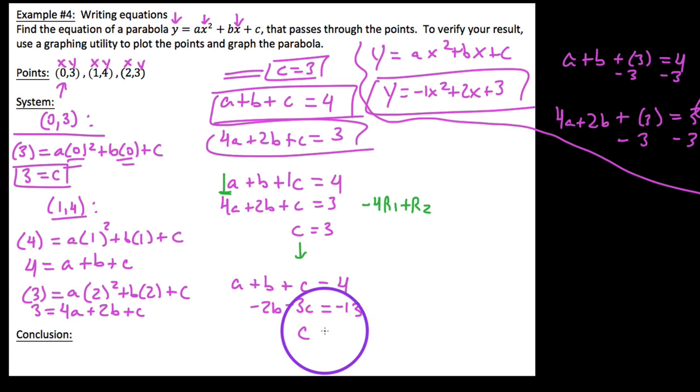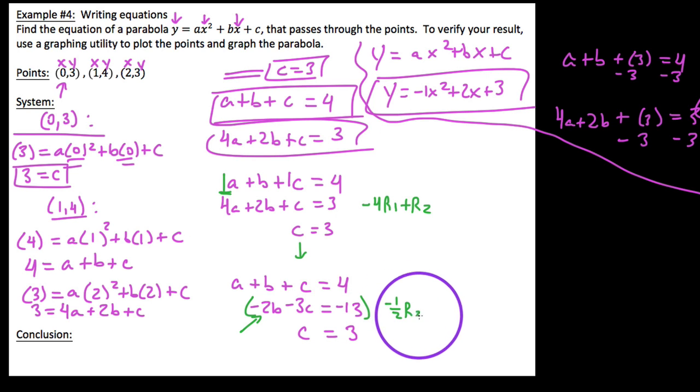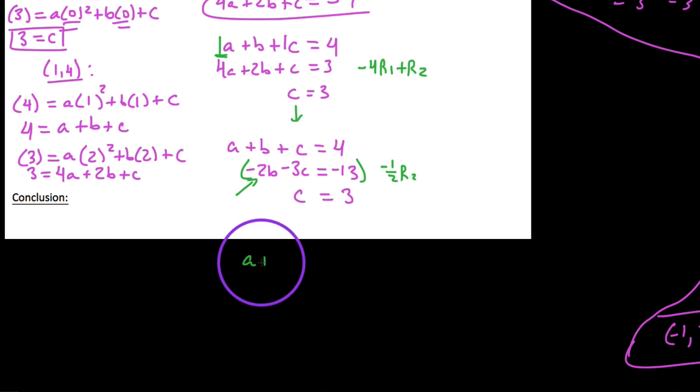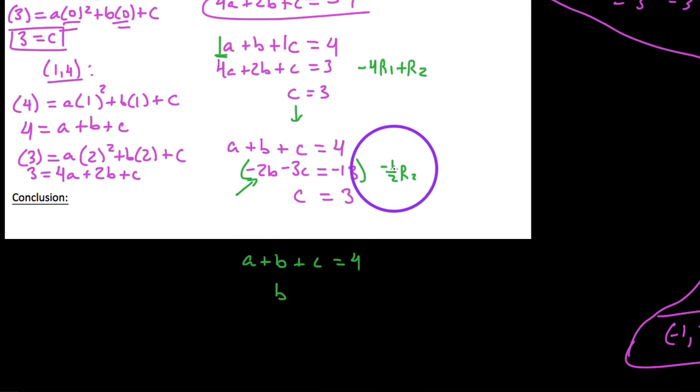And so our last equation, we had this c = 3. Well, now what we would want to do is we would want to get a leading 1 here. And the way we do this is, if switching rows doesn't work anywhere, we could multiply by the reciprocal of what the leading coefficient currently is. So if we were to take -1/2, the reciprocal of -2, and multiply that by row 2, we get a new system here. We get a + b + c = 4. This would now become positive b, because when we take a -2 times a -1/2, anything times its reciprocal is 1.